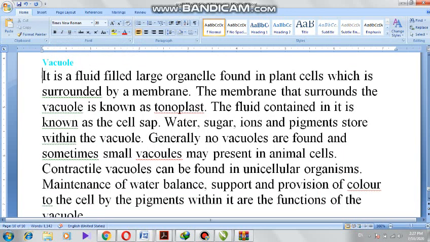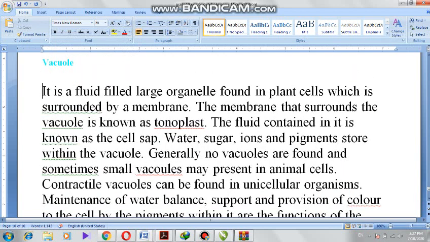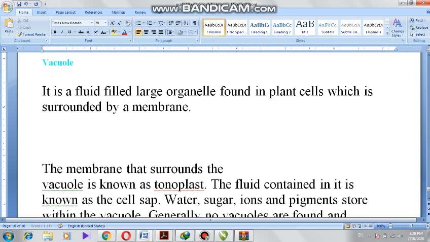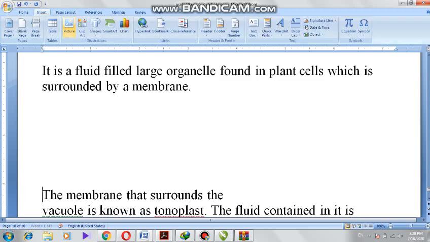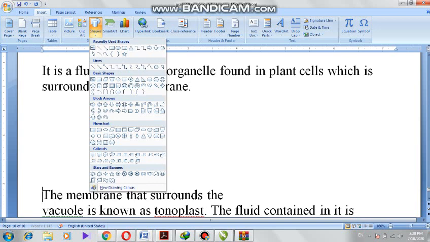It is a fluid filled organelle found in the plant cells, which is surrounded by a membrane, right? It is surrounded by a membrane.